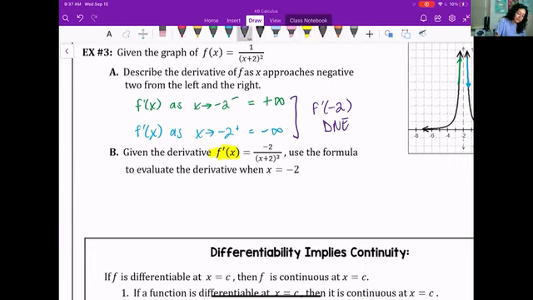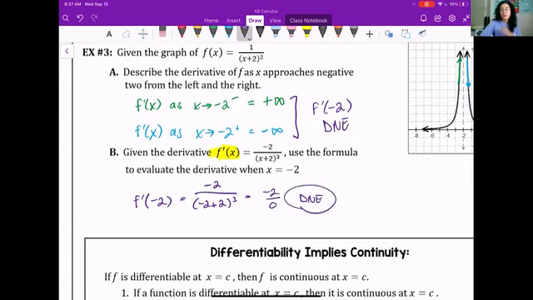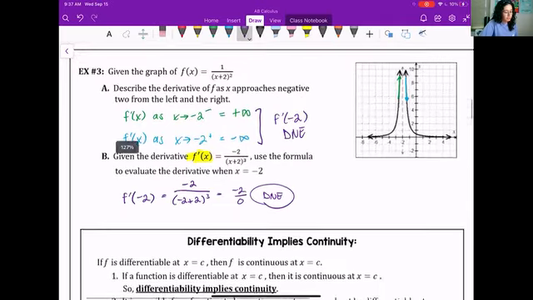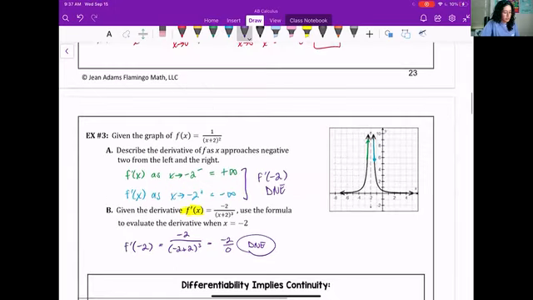All you got to do is take the value of interest and plug it into your derivative formula. So negative 2 over negative 2 plus 2 cubed, I'm getting negative 2 over 0. So that does not exist. The function is non-differentiable here. Okay, so three main types of times we saw when a function was non-differentiable.